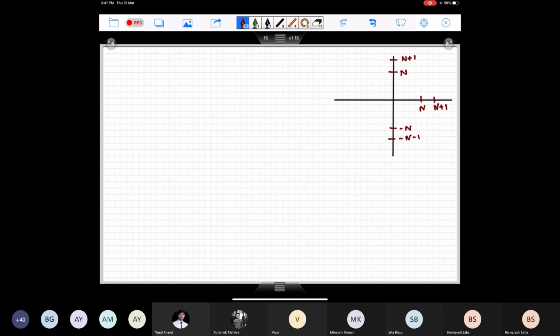Over here on this line, this is minus n, and this is minus n minus 1. These are the points that I have. On the x-axis and the y-axis I have written them, so this point is 0, n, n plus 1, and so on, or i times n, whatever it may be.